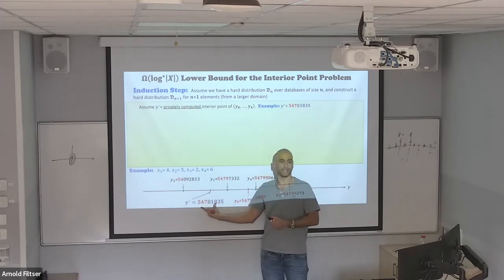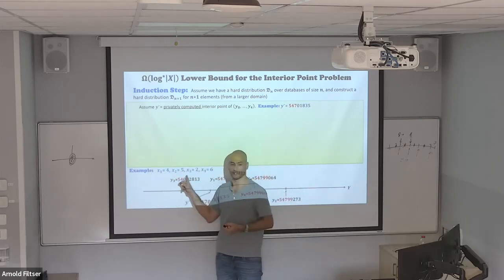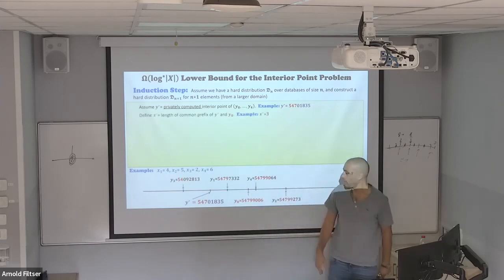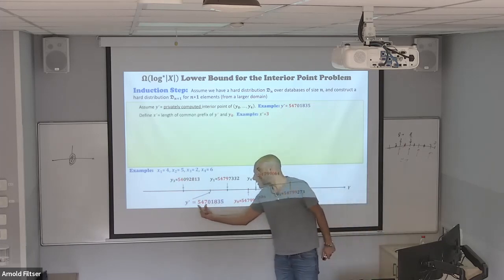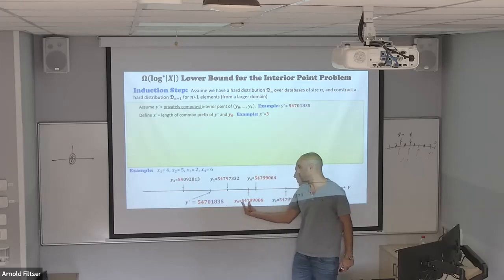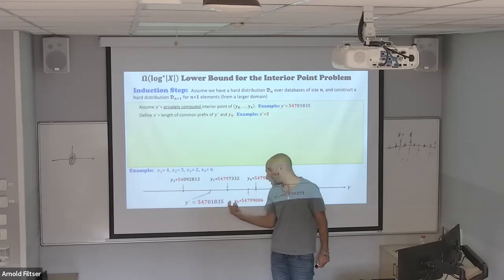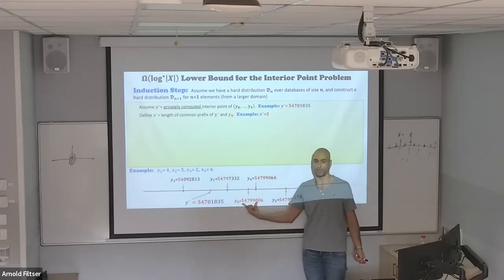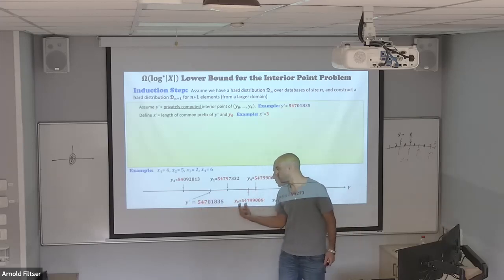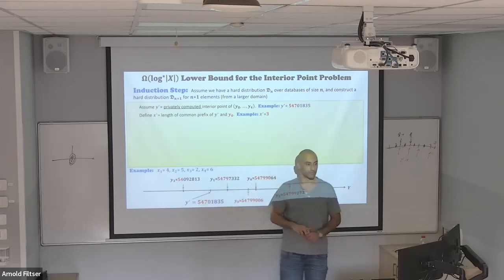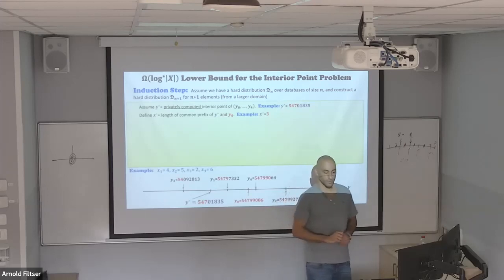I want to translate this outcome to an interior point of the original axis. How do I do that? I just look at the length of the longest common prefix between the purple outcome that I got here and the y0 that I started with. In this example, it's 3. These two numbers agree on the first 3 digits. That's my outcome. I output 3.